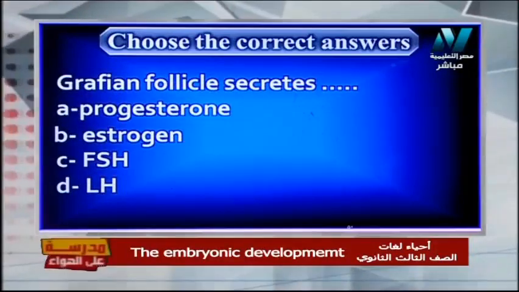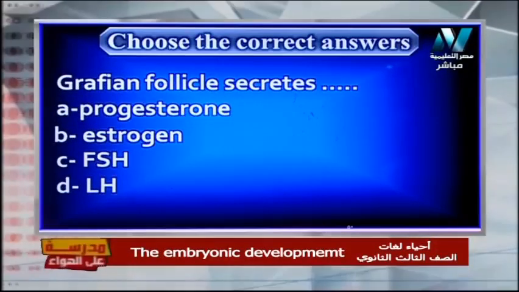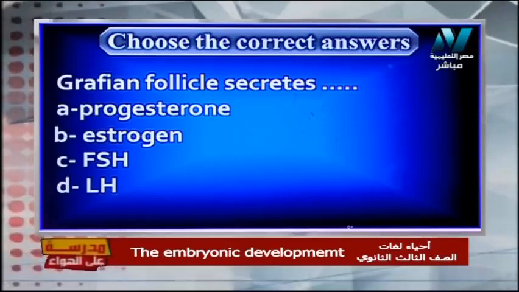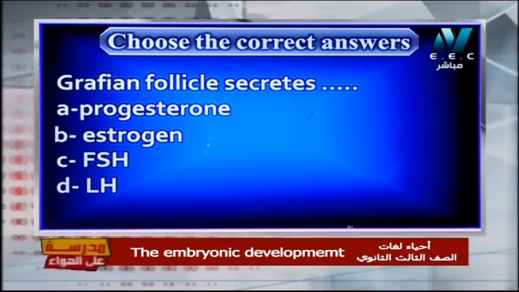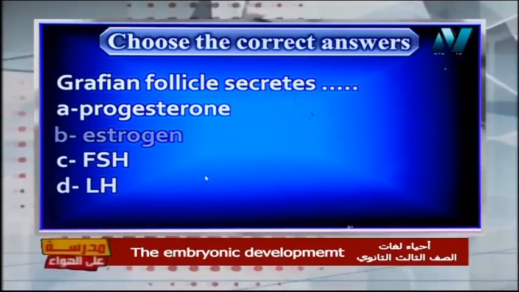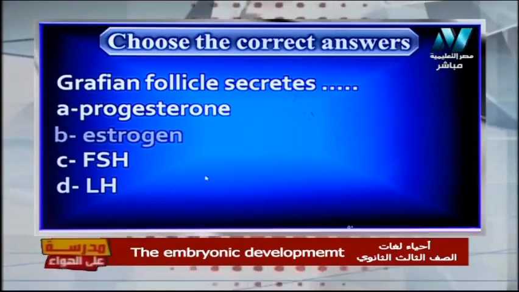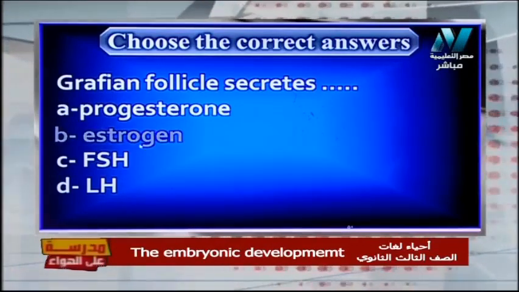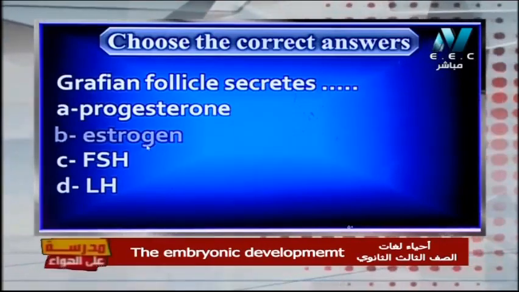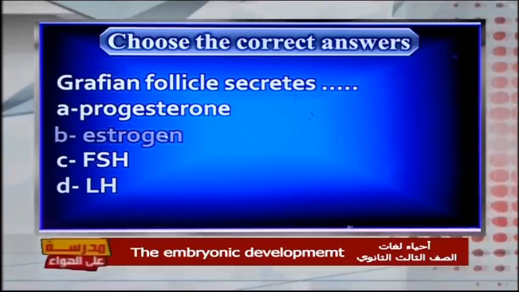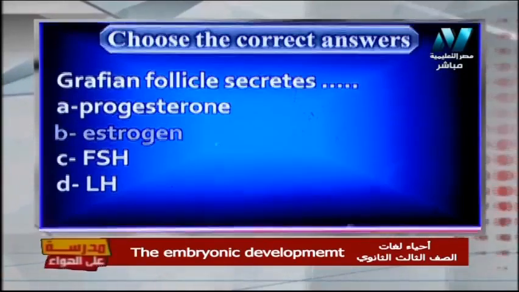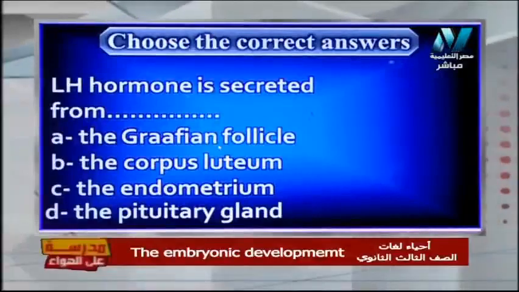Graafian follicle secretes dots: progesterone, estrogen, FSH hormone, LH hormone. من غير كلام نقدر نقول استراديول، اللي هو مين في دول؟ يبقى estrogen طبعا. The hormone secreted from the Graafian follicle increases the thickness of endometrium and is responsible for the regulation of the menstruation cycle and the appearance of the female secondary sexual characters.